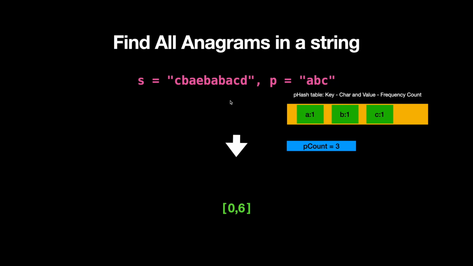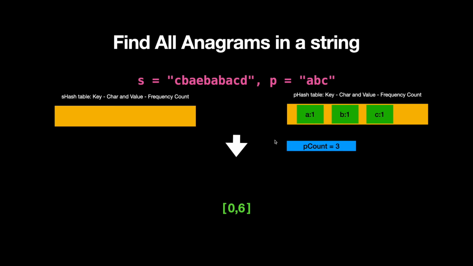So for that, we will take one more hash table, hash table S, which will hold 3 characters from this array. We'll be looping through this array and it will hold 3 characters, and then in the next loop it will hold the next 3 characters and discard the last one, right?